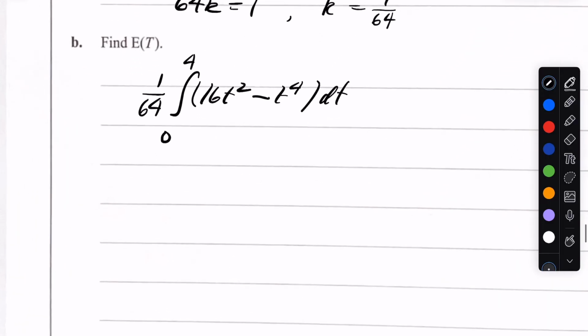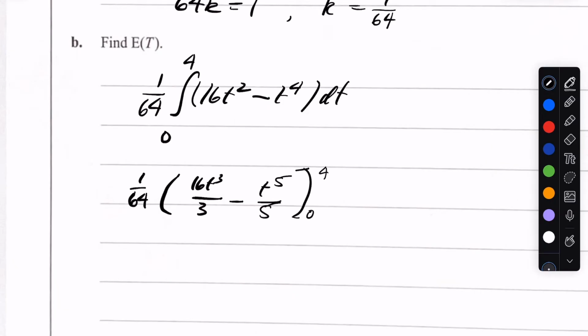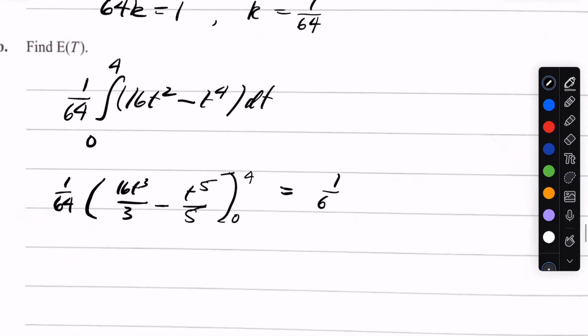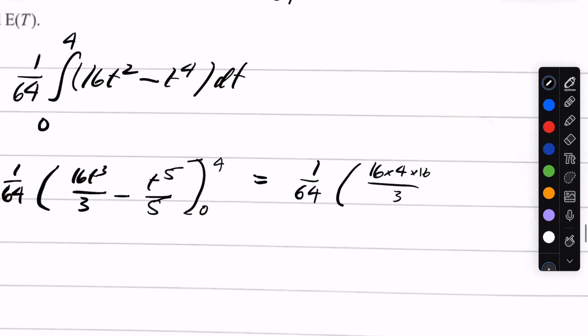And that is 1 on 64 times 16t cubed on 3 minus t to the 5 on 5 from 0 to 4, which is equal to 1 on 64 times 16 times 4 is 64, and then I'll write times 4 squared, so times 16 over 3. And the reason why I did that is so I can cancel the 64 here. So I'll just write that 64 here.